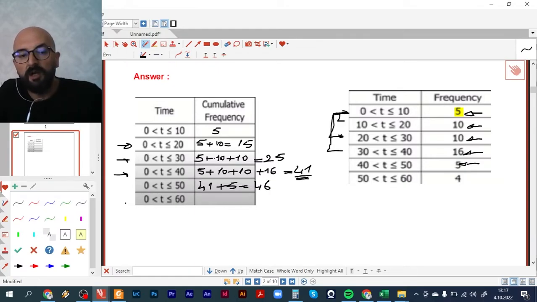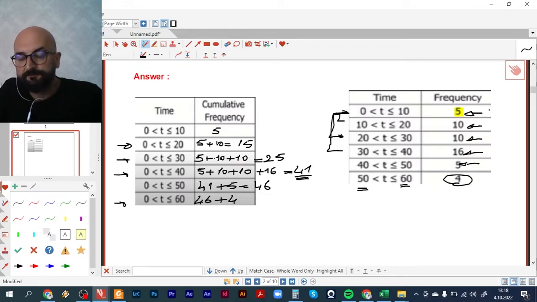And the last one, for 0 and 60 cumulative frequency, we compute 46 plus 4, because the frequency between 50 and 60 is 4.